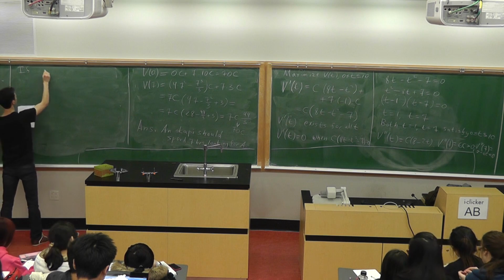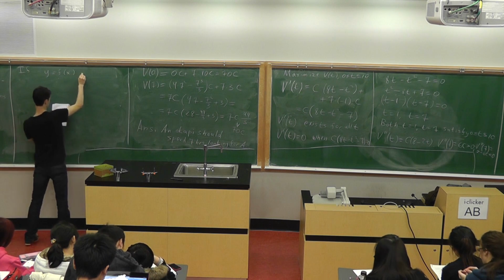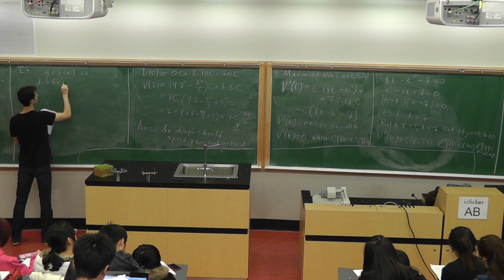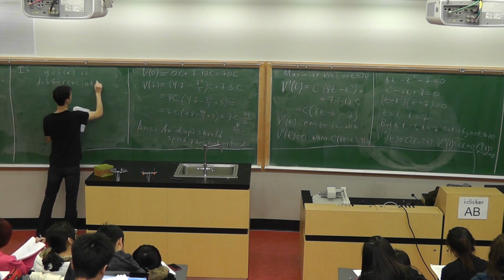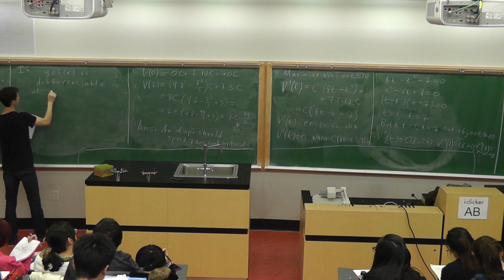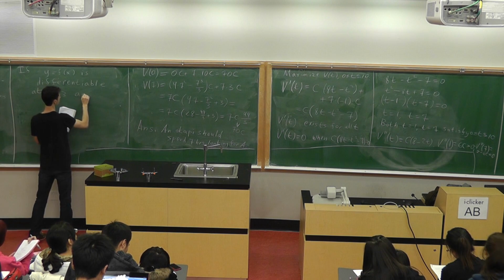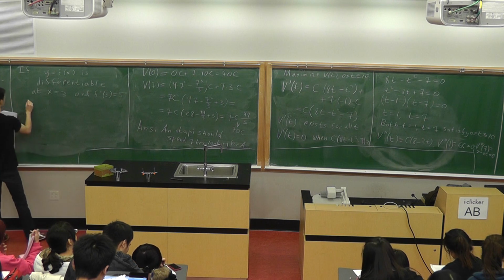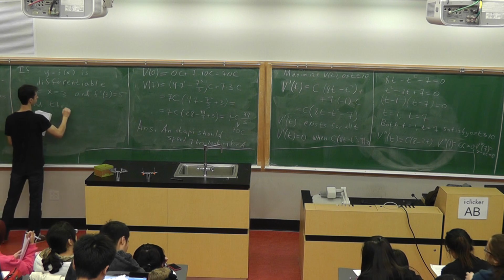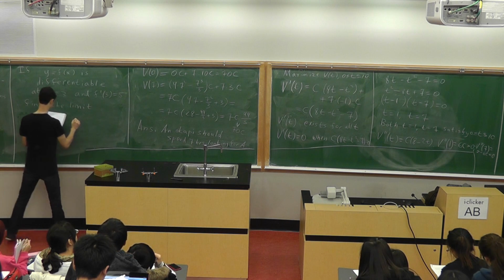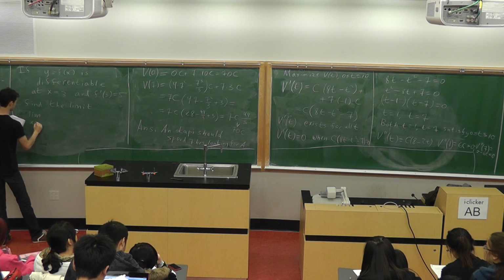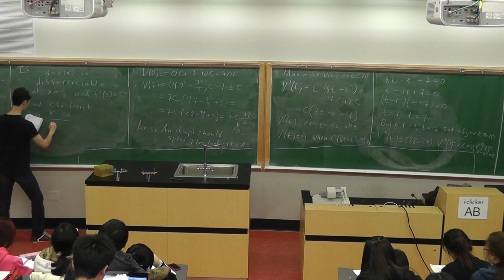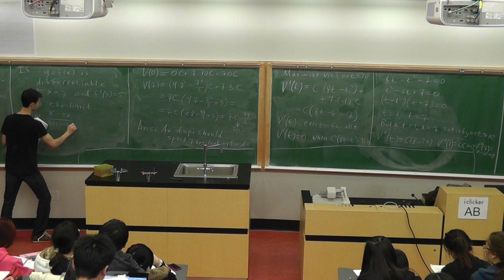If y equals f of x is differentiable at x equal to 3 and f prime of 3 is equal to 5, find the limit as x goes to 3 of x squared minus 2x divided by f of 3 minus f of x.